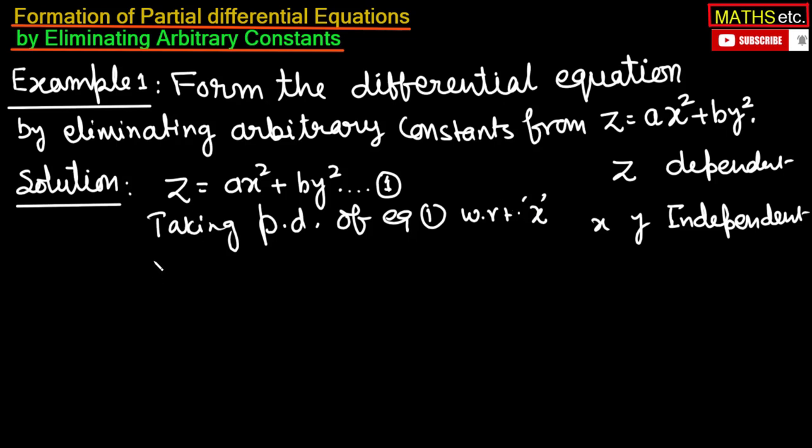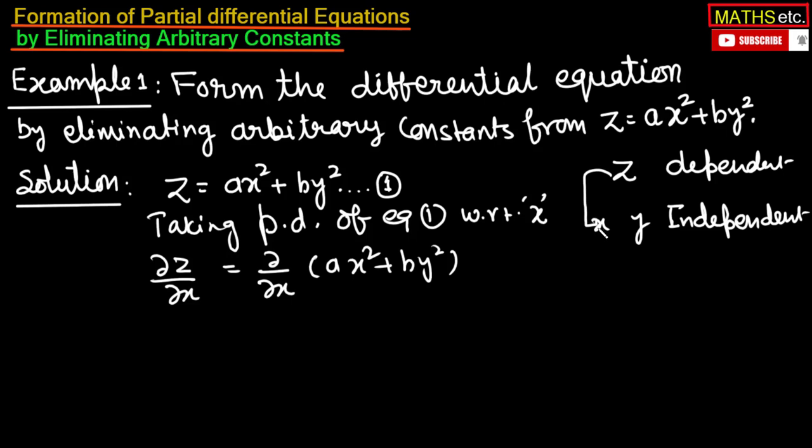So this will be del z by del x equals del by del x of ax square plus by square. Now whenever we take partial derivative of z with respect to x, y will be treated as a constant because x and y are independent variables.